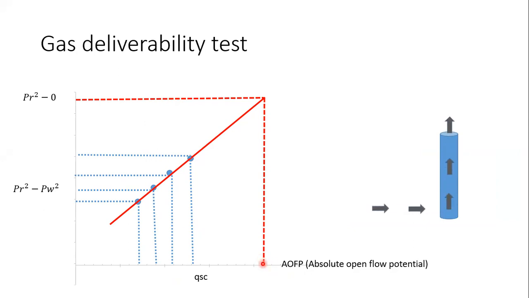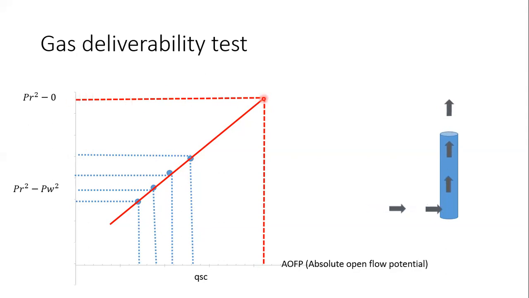Before conducting this test, the well has to be allowed to produce for 4 different flow rates corresponding to 4 different pressure drops. These 4 flow rates will be linearly connected with a straight line, and that straight line will be extended towards a projected line from the y-axis, that is PR square.